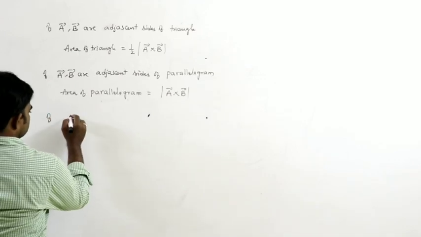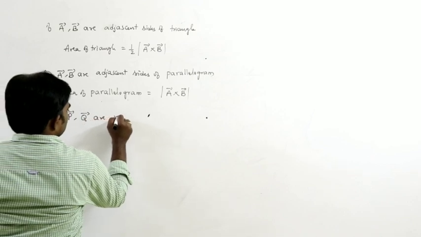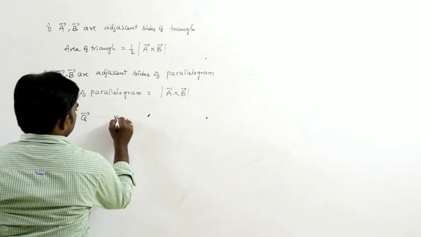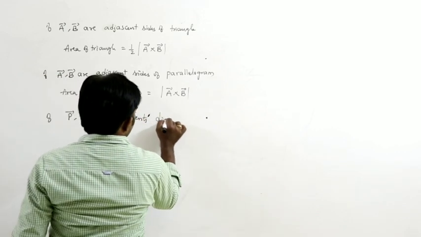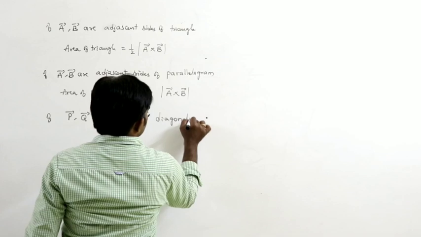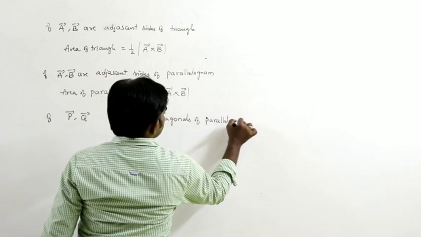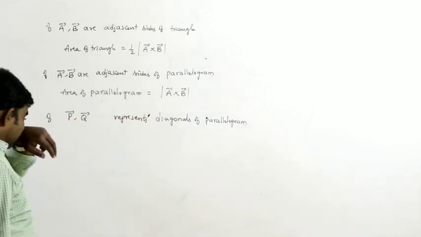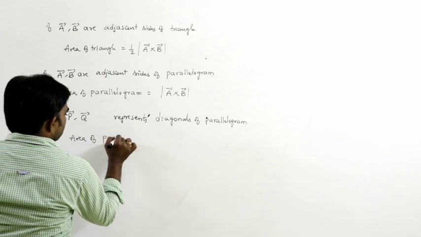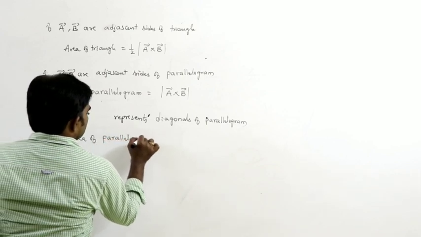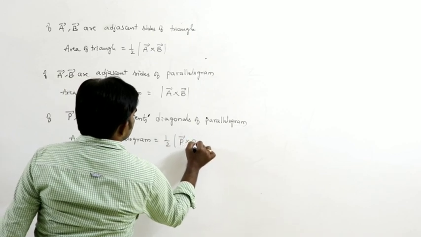If p bar, q bar represent the diagonals of the parallelogram, then area of the parallelogram is equal to half into modulus p cross q.